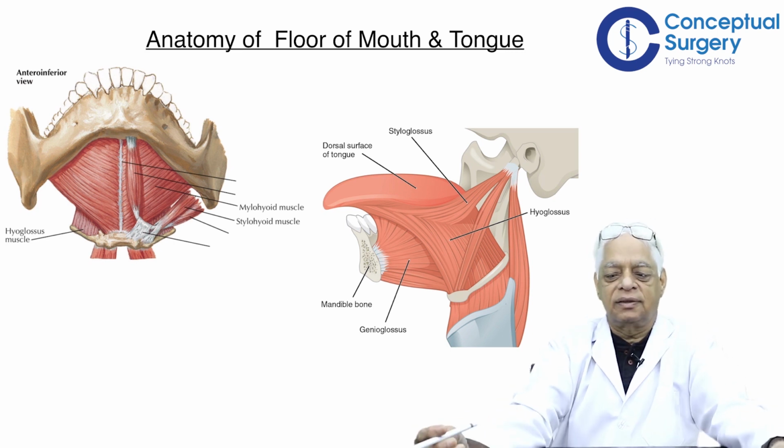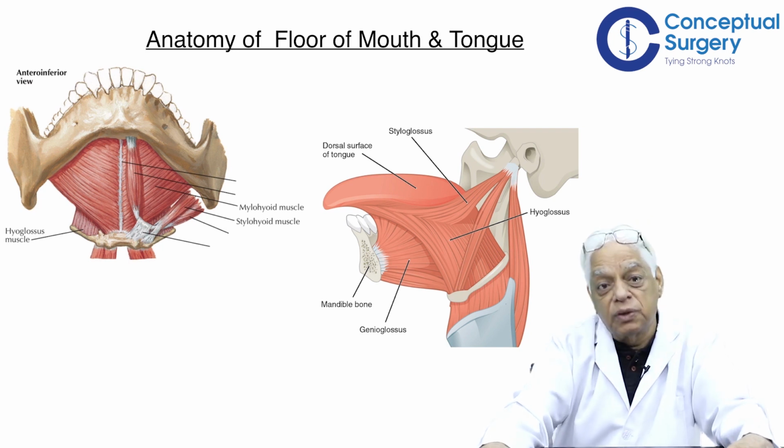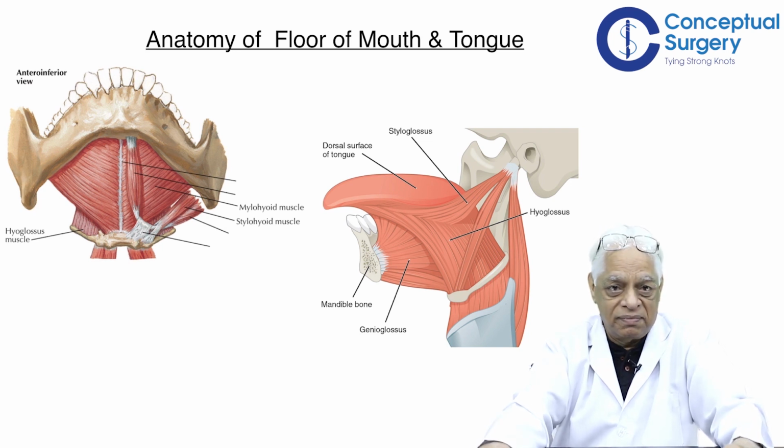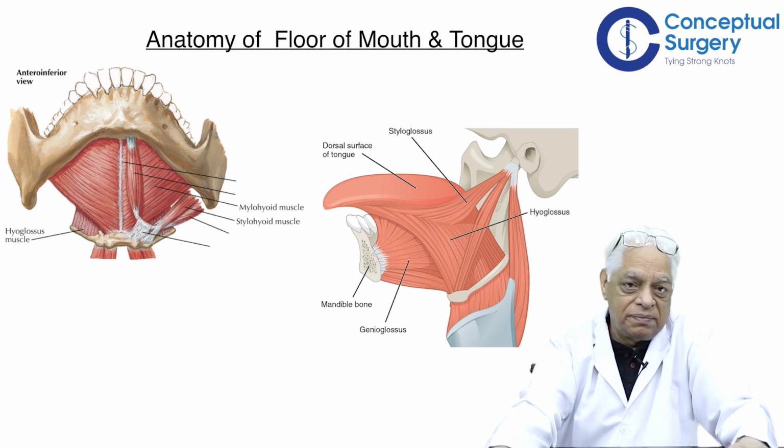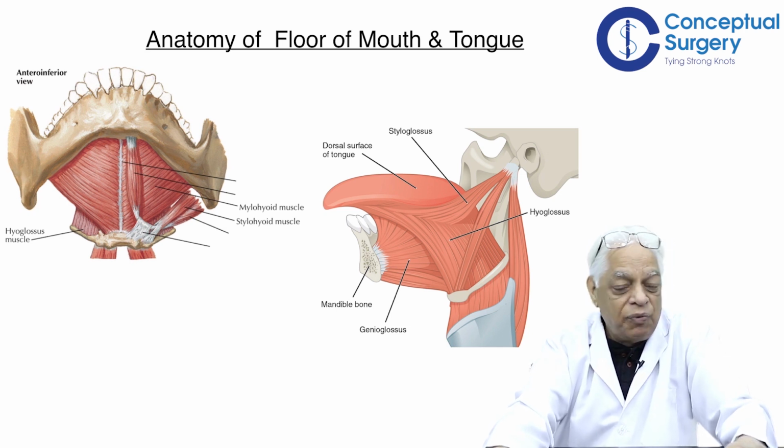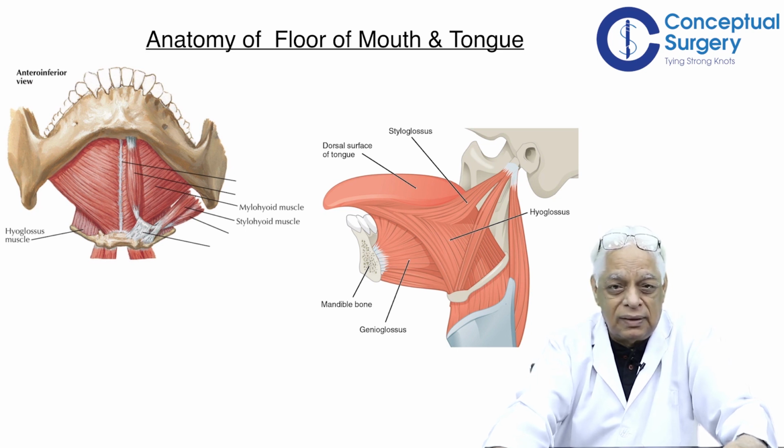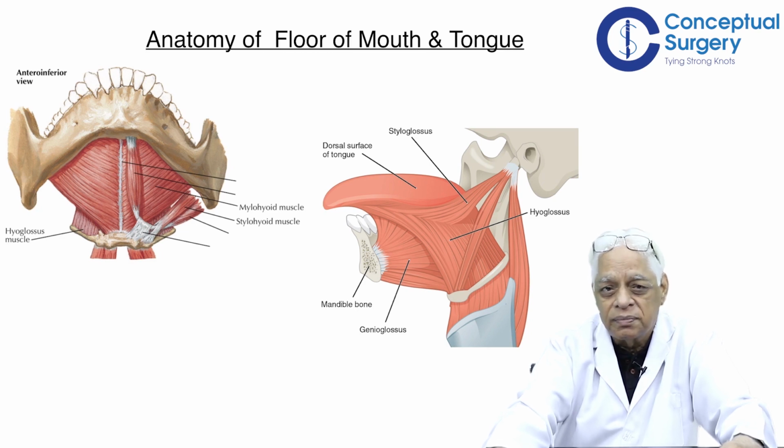The question is, what forms the floor of the mouth? What forms the muscles of the tongue? Before I go on to the floor of the mouth, I think it's appropriate to revise a little bit about anatomy of tongue.